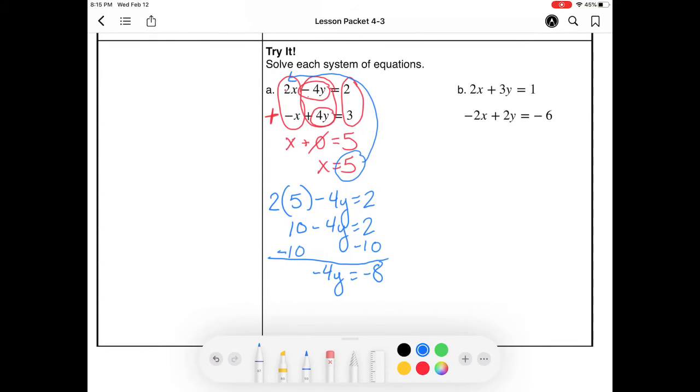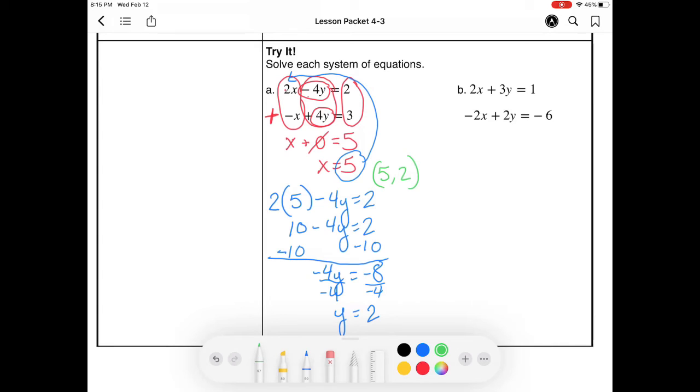Now to get the y by itself, I just need to divide both sides by negative 4. Negative 8 divided by negative 4, and negative divided by a negative is going to give me a positive 2. So my ordered pair for this equation is 5, comma 2, and that's the spot where the two lines would intersect each other on the graph.